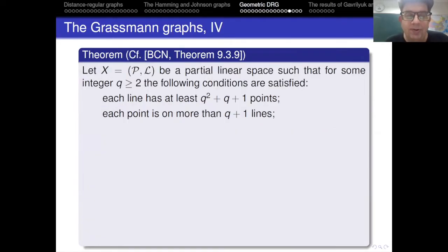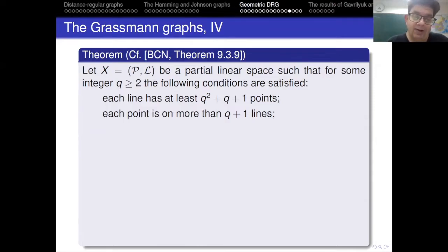So the theorem is as follows, and you can look at Brouwer and Neumaier, theorem 9.3.3, for the statement. So you have a partial linear space. It says for some integer q, we don't assume it is a prime power, the following conditions are satisfied.